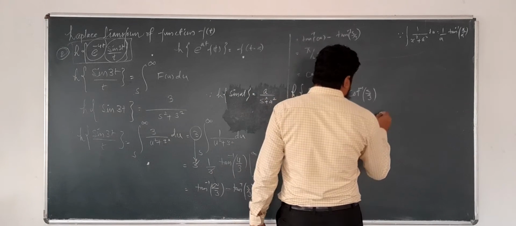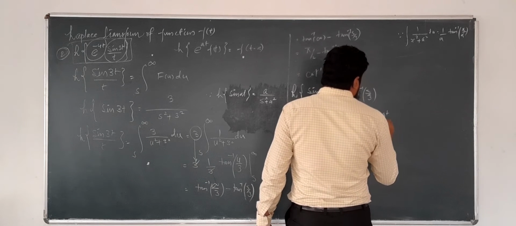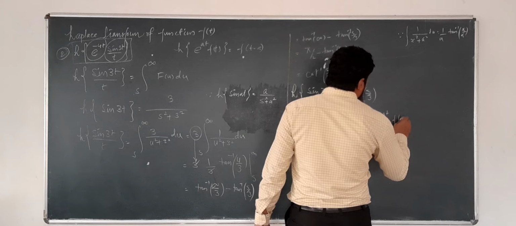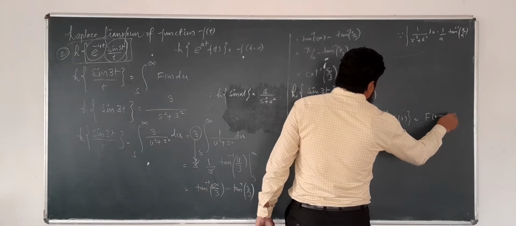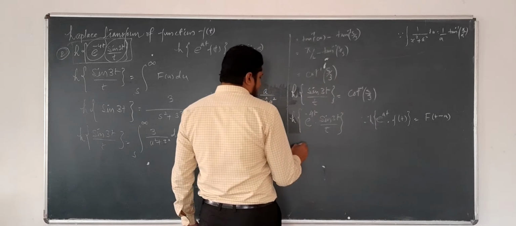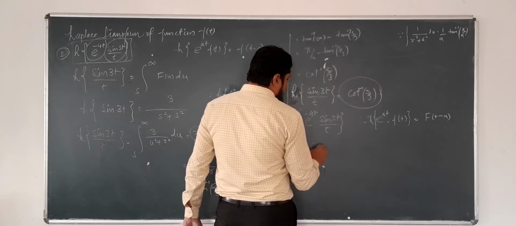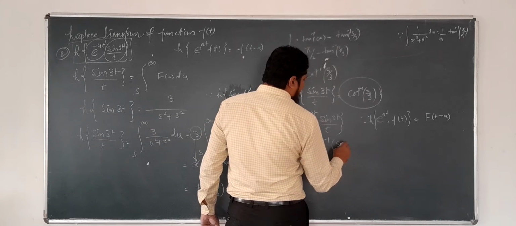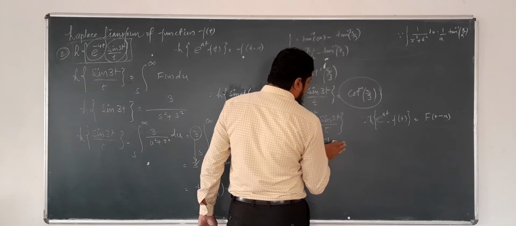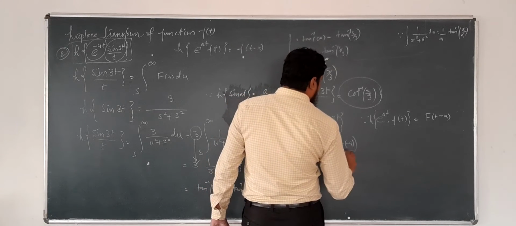Since we know that the Laplace transform of e raised to at into f of t becomes F of s minus a, we will get the resultant cot inverse of s minus minus 4, that is s plus 4, upon 3.